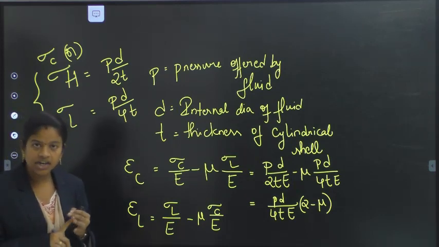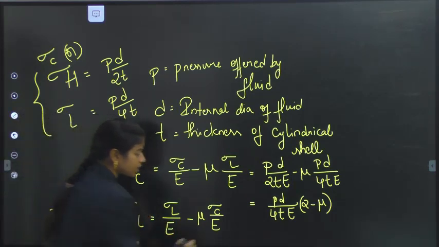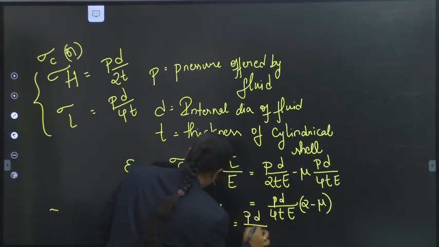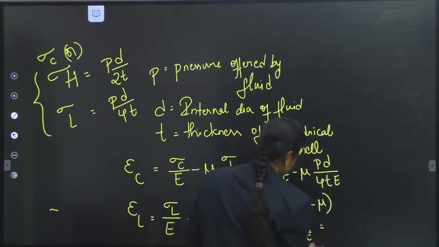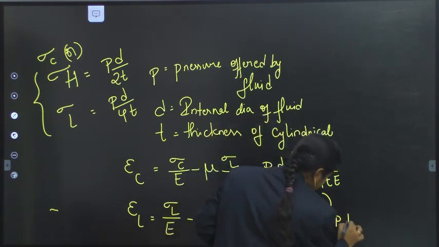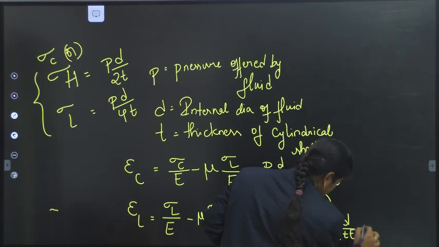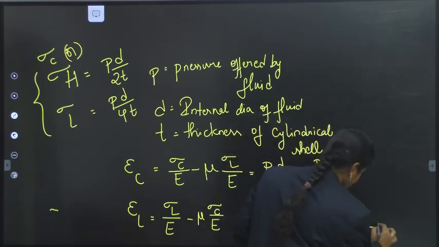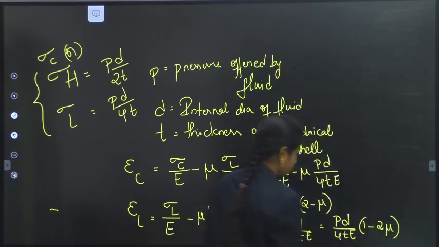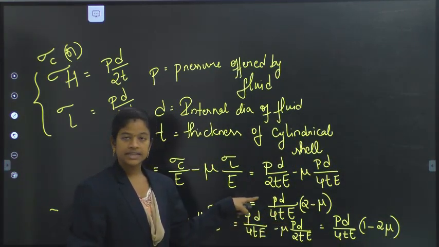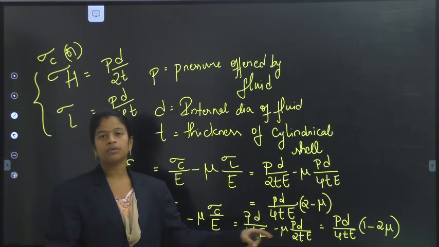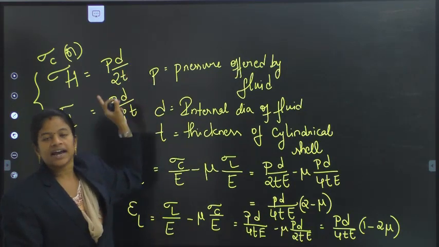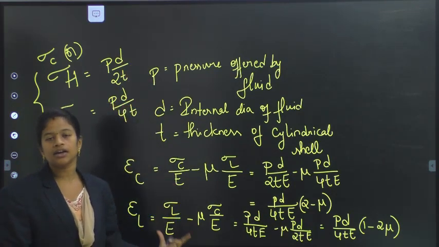So this one again is PD by 4TE minus mu times PD by 2TE, which gives PD by 4TE times 1 minus 2 mu. So this is the small arrangement, and I have taken the same term PD by 4TE common: 2 minus mu and 1 minus 2 mu. So these are the hoop strain and longitudinal strain.